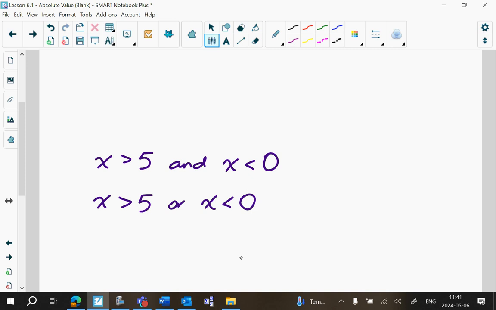There's a big difference between these two words in math. It could be negative 6. Negative 6 is not greater than 5, but it says this or this. It doesn't have to be both. Of course it makes sense. It's the logic part of math, and, or, what they mean mathematically. So that's why I used or.